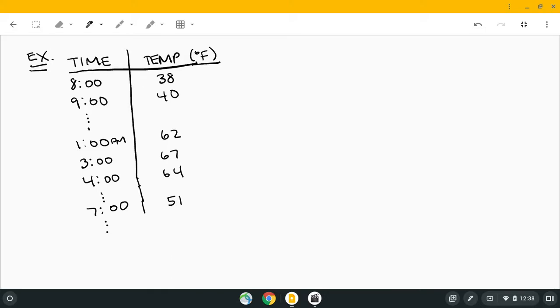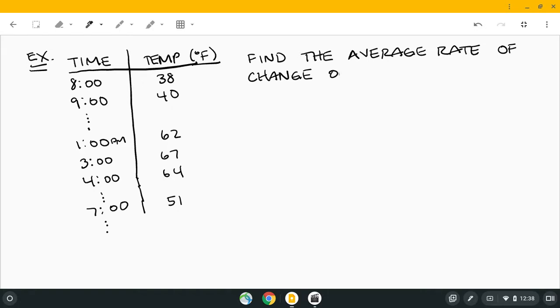Okay. Let's find the average rate of change of temperature between the following times.